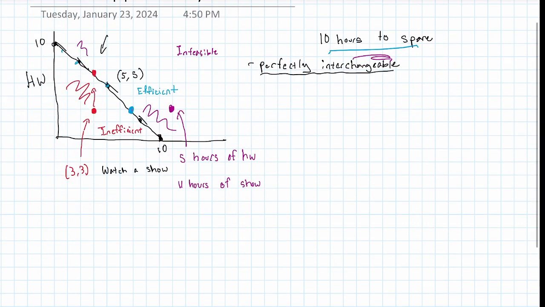And so the only way that we can reach infeasible points is by shifts in the PPF.